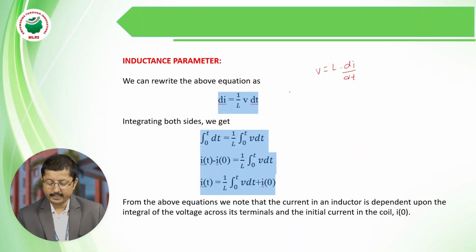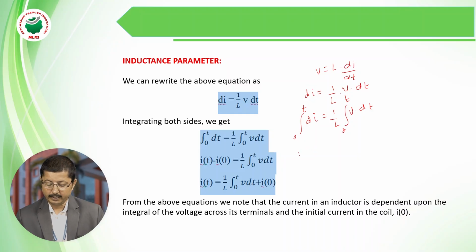From this we can write di equals 1 by L into V into dt. If we integrate this expression on both sides, we get current I equals 1 by L integral V dt. Integrating over the period from 0 to t, I of t minus I of 0 equals 1 by L integral 0 to t of V dt.